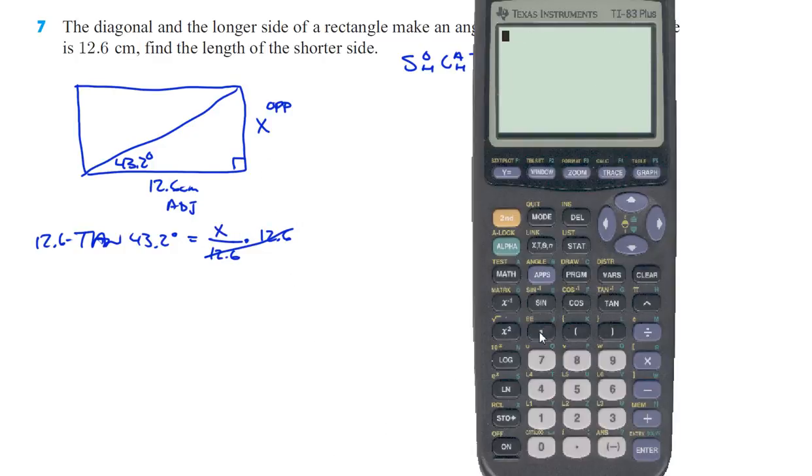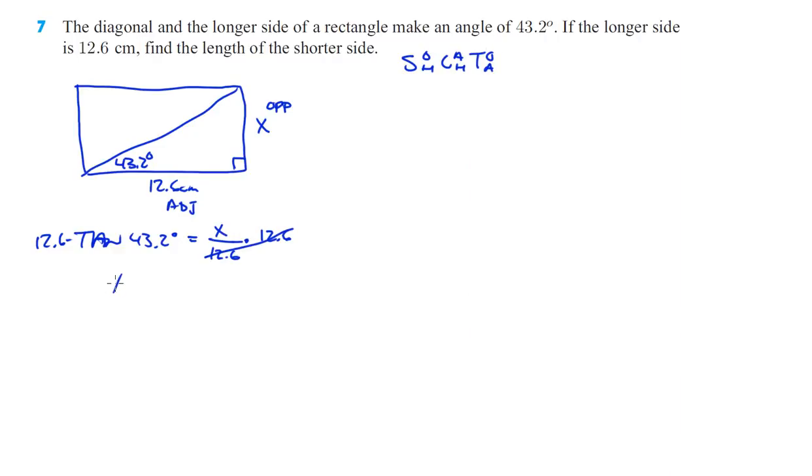So we're going to do 12.6 tangent of 43.2. Right, 12.6 tangent 43.2 gives us 11.8. Okay, so x equals 11.8 centimeters. So the shorter side is 11.8, this piece right here.